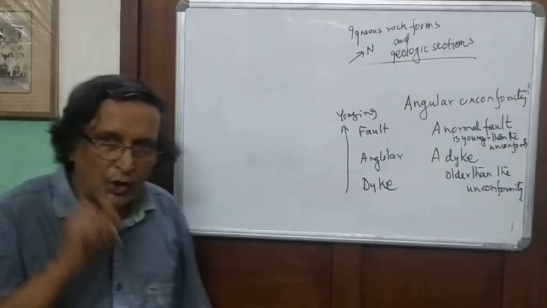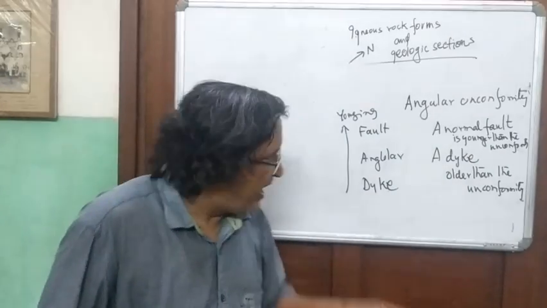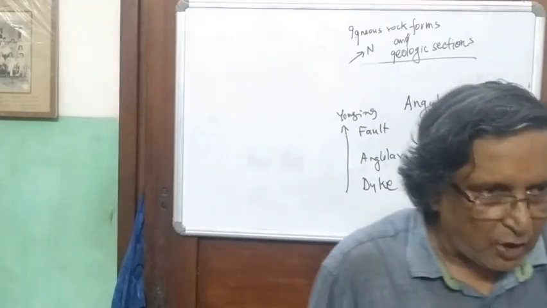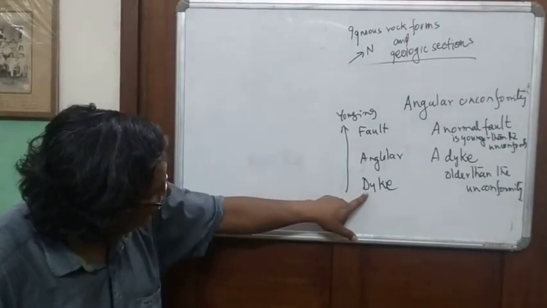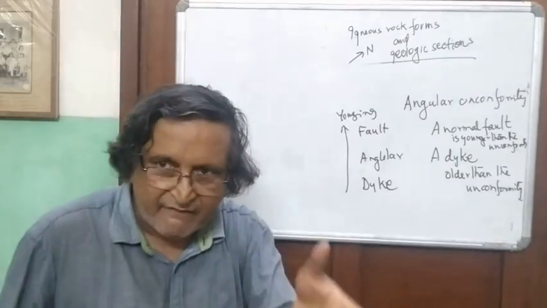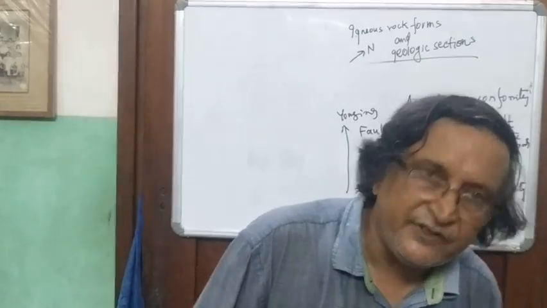But we should also know that the dike intruded. Angular unconformity means there are sedimentary rocks above and below. So below, if there is an angular unconformity, a dike cannot be placed in a vacuum. It has to be enclaved. It has to be placed in some sort of sedimentary strata.